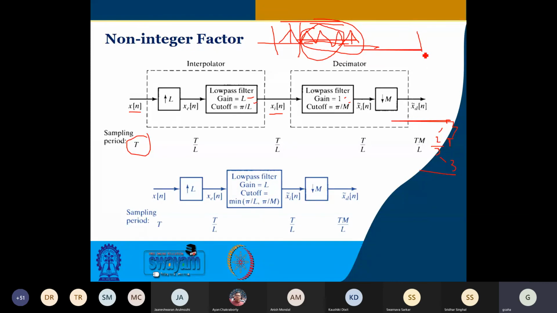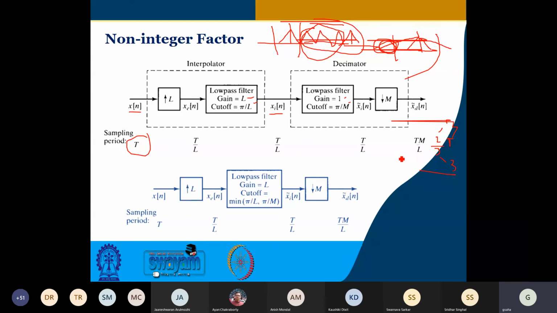Whereas in decimation, since it is already upsampled, there is less of an issue, depending on the factor M you are using, that it will expand beyond the sampling rate. Otherwise, if you do the decimation first, depending on the original signal bandwidth, it will get expanded and you have to chop it off, and this chopping off might remove some of the important components. So that is the logic.